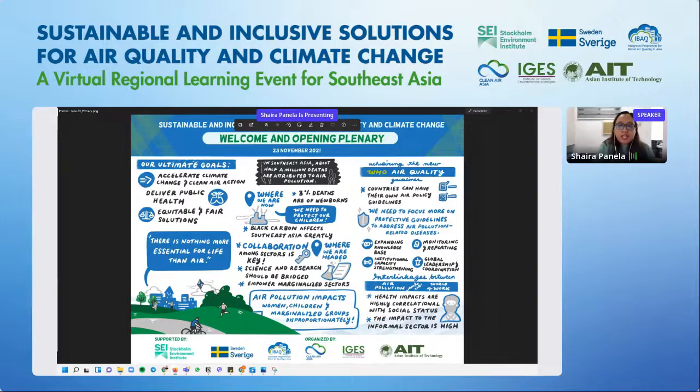The World Health Organization also released a new set of air quality guidelines this year. While this is not legally binding, it could help provide guidance for countries to develop their own standards. Collaboration among different sectors, including the government, the academe, the private sector, and civil society, is important to deliver equitable and fair solutions to air quality issues and climate change. So these have been discussed during the plenary session.